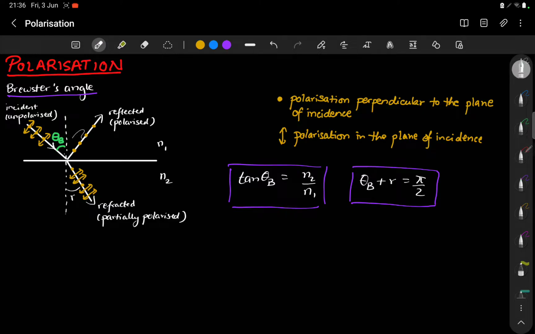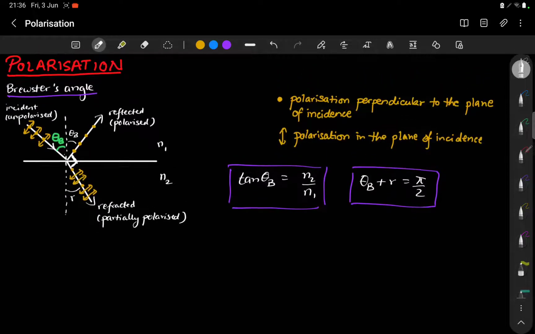That means that R plus theta B is 90, and since incident angle is same as reflected angle, this angle is theta B. So this plus this is 90, which means this is also 90. So these are the two relations. These can be found out from Fresnel's reflection coefficients and Snell's law. We would not be looking at the proof in this video. We will be using these two relations to solve the problem.